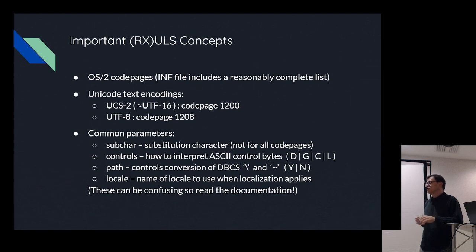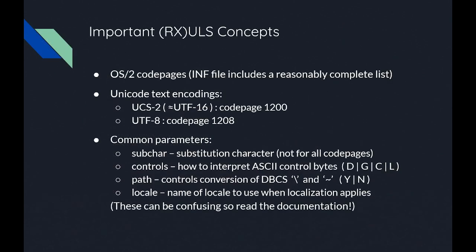A lot of the functions also take a number of kind of common parameters. So I've listed them here. I'm not going to try and explain them because they are quite complicated, quite difficult to understand. Even I find them confusing. Even I usually have to look up what they do every time I try to use them.